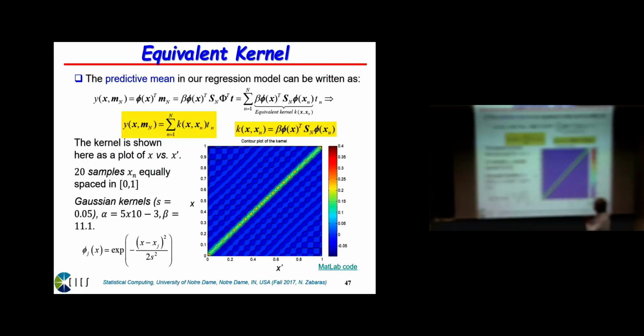Okay? So if you actually want to plot in one dimension how this kernel looks like, here I'm plotting the kernel computed at x and x prime, and you notice the kernel takes only significant values when x is very close to x prime, and it's practically zero, very small, when x and x prime are away from each other. Okay?